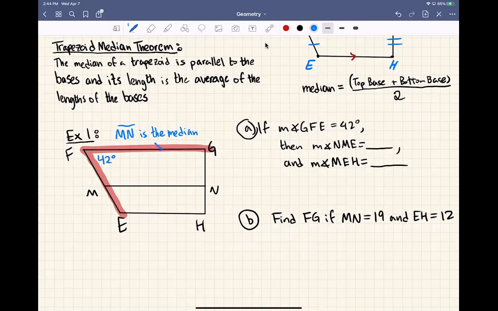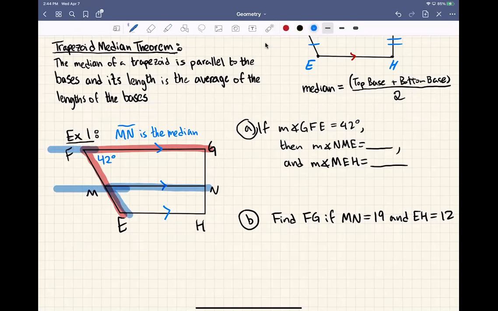Because all these lines are parallel to each other, we know the measure of angle NME, because we continue this line right here and this line right here, these are parallel lines cut by a transversal.